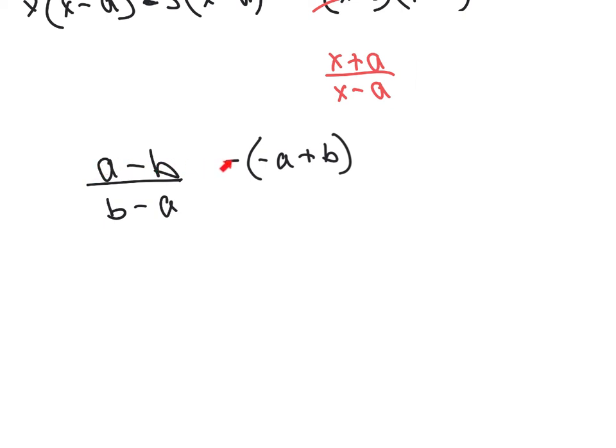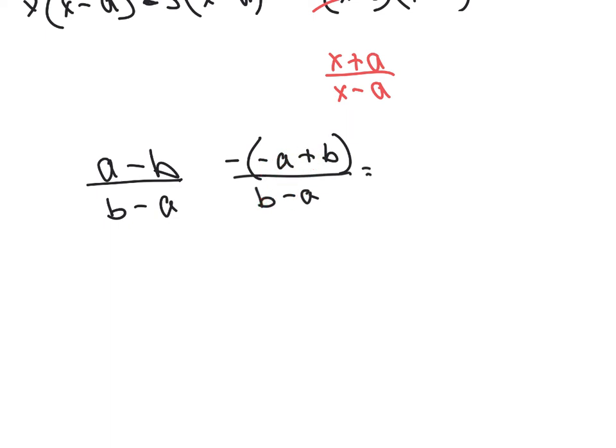Because if I put it back in, a negative times a negative gives me a positive, and a negative times a positive gives me my negative back. So I can look at it and see that it didn't change anything. Are those the same? Well, yes, they are. This has a negative a and a negative a, a positive b, a positive b.